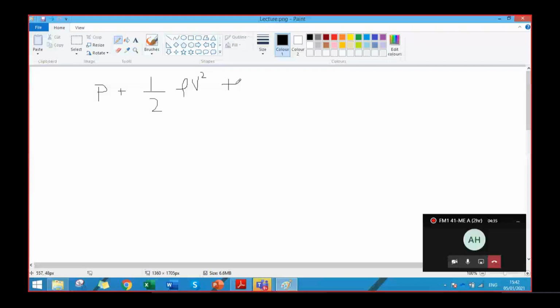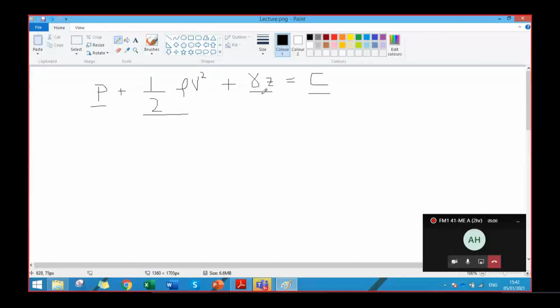This is the pressure form. P is called the static pressure, half rho V square is the dynamic pressure, gamma Z is the hydrostatic pressure, and the constant is called the total pressure that is constant along the streamline.